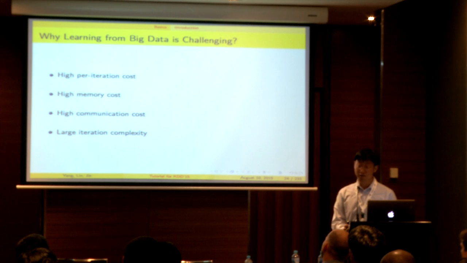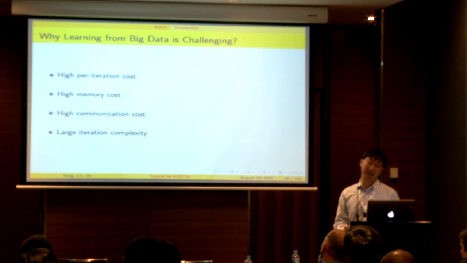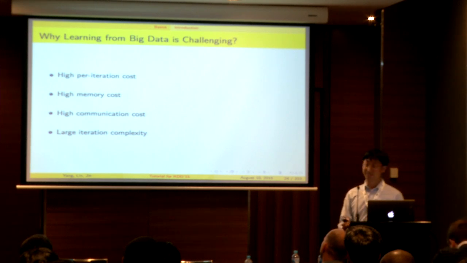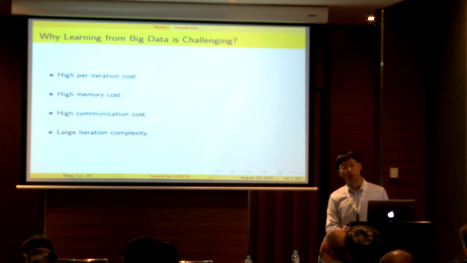If you have a huge number of examples and a huge number of features, the data matrix is usually very large, right? So sometimes the memory cost is very high, and sometimes you cannot even load the data into memory, right? If the training data is too big, you probably want to distribute the data over many machines, right? So in this case, you want to design distributed optimization algorithms to coordinate these multiple machines.